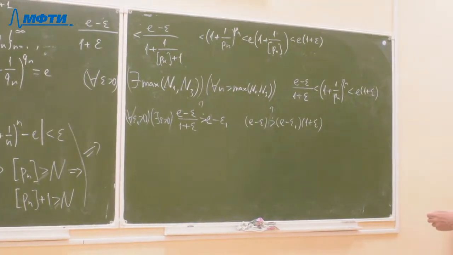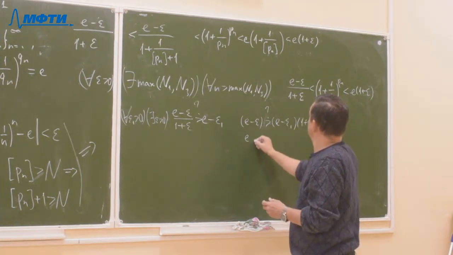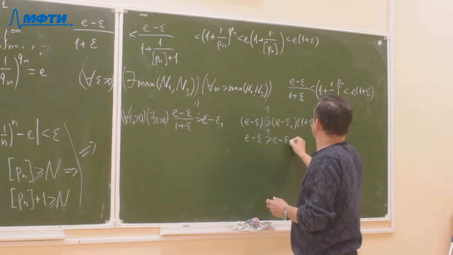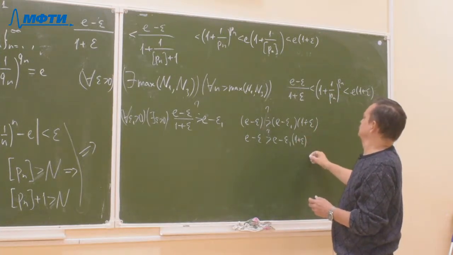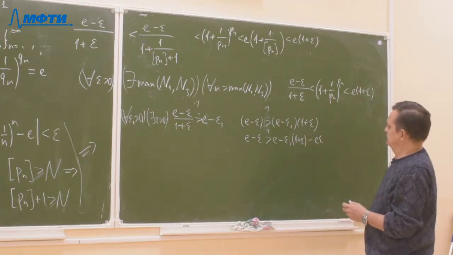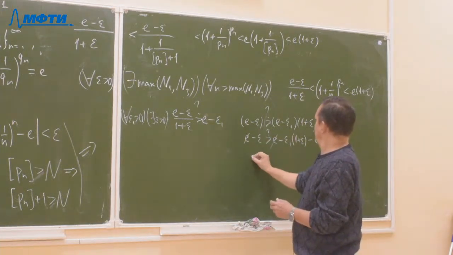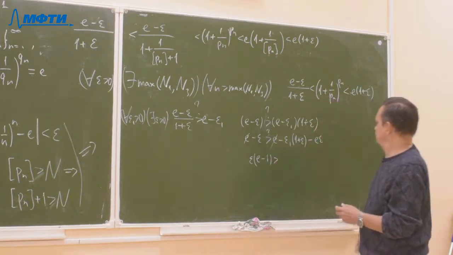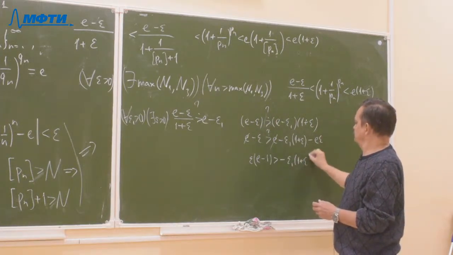And so what is it? E minus epsilon is greater than (E minus epsilon 1) times (1 plus epsilon) minus E epsilon. So cancel this one, and we have epsilon times (E minus 1) is greater than minus epsilon 1 times (1 plus epsilon).